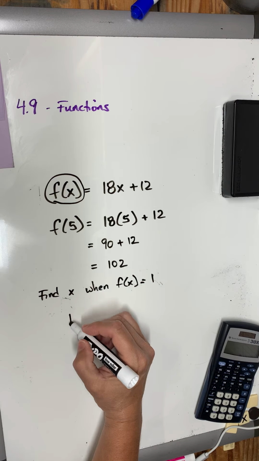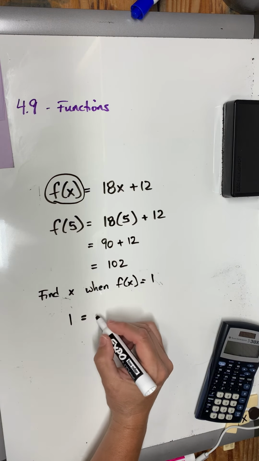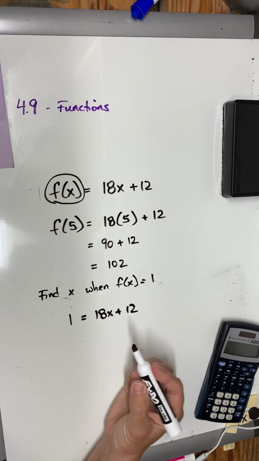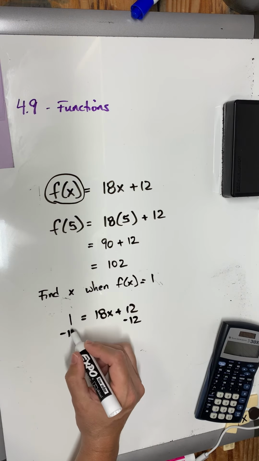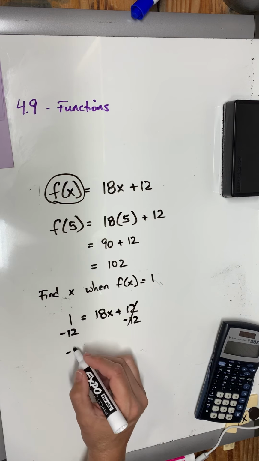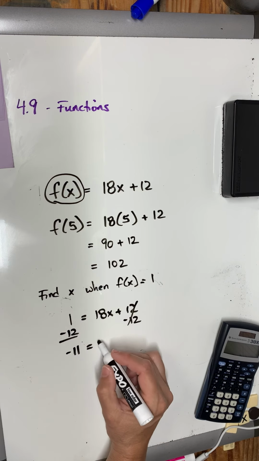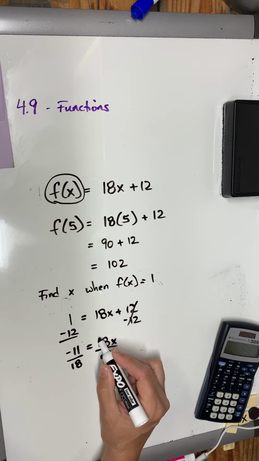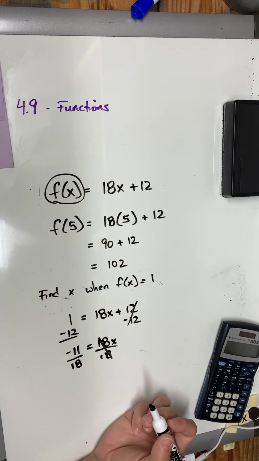So we're going to replace the f of x with a 1 equals 18x plus 12, and then solve this for x. So minus 12 minus 12, I get minus 11 equals 18x, divide by 18, x equals negative 11 over 18.